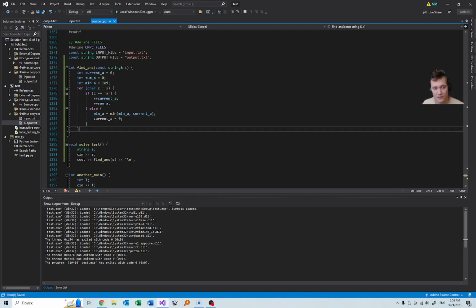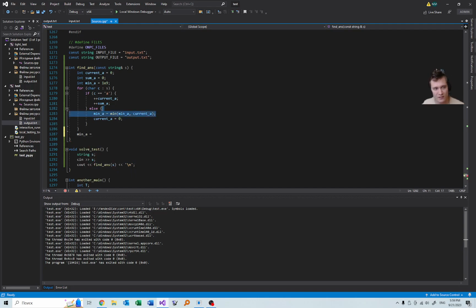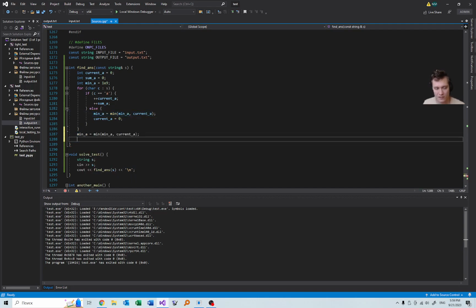That's it. In the end, we also say that minimum A equals minimum of minimum A and current A. And we return sum A minus minimum A.